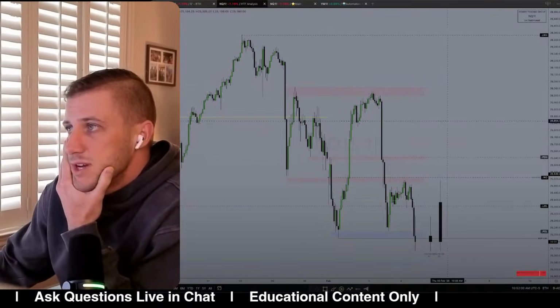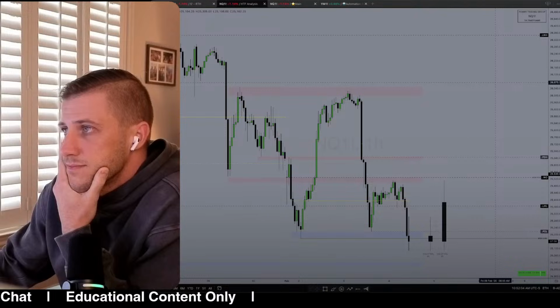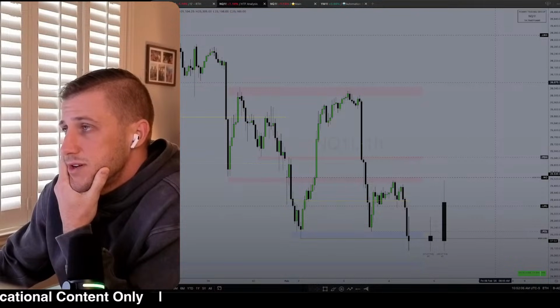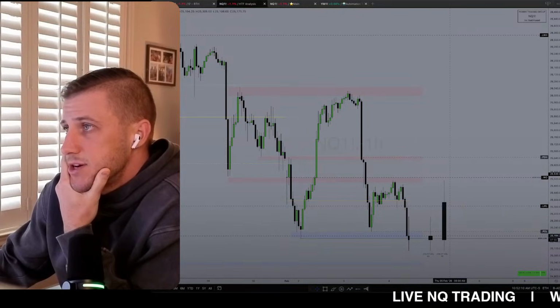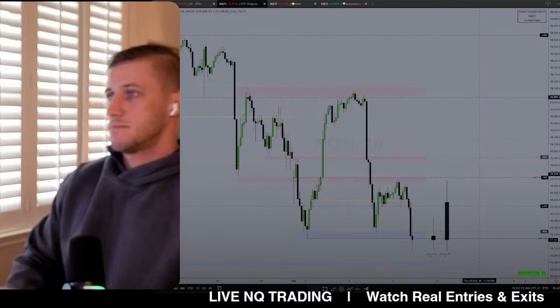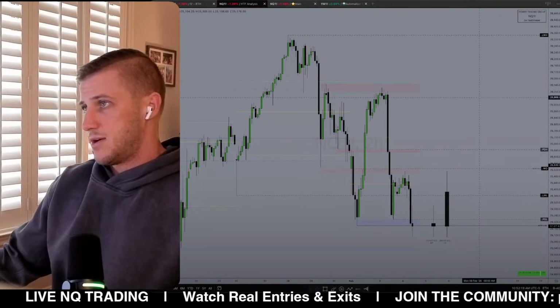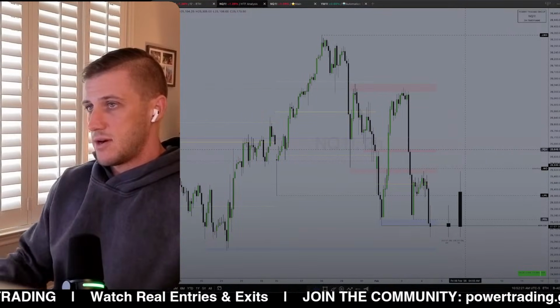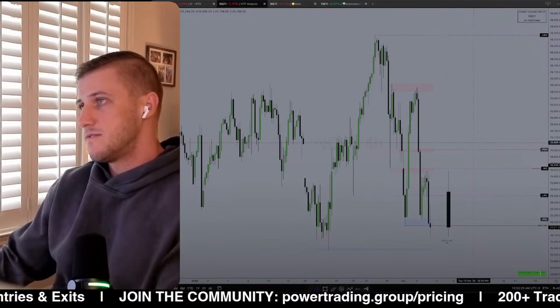Let's check out that hourly again. So a small bounce from here, and the hourly could close as a doji, just an indecision bar. The 2 hour still has over an hour on it. And let's take a look at the four.